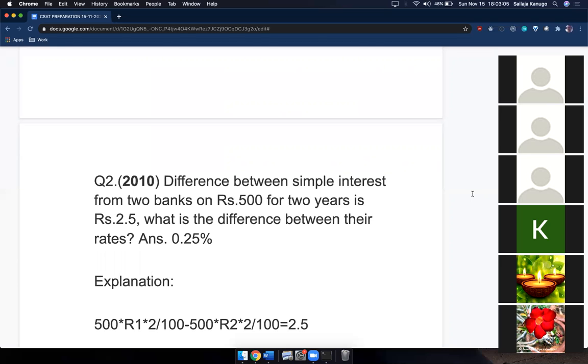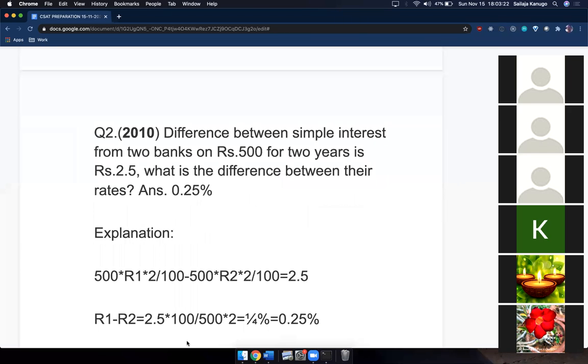Both of them are simple interest, right? The formula is P into T into R by 100. The principal is 500, and the number of years is 2.